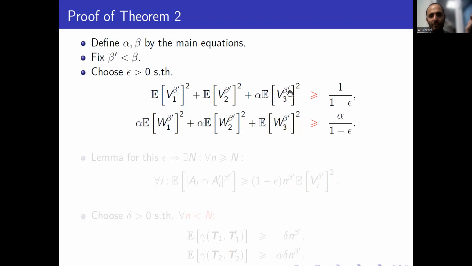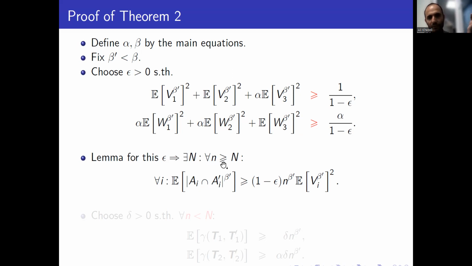Now, since beta prime is less than beta, this is strictly bigger than 1, and this one is bigger than alpha, so we can choose an epsilon satisfying this. And by the lemma, for this value of epsilon, we have, for large enough n, this inequality, which means that there exists a capital N such that for all n after that, we have this inequality.